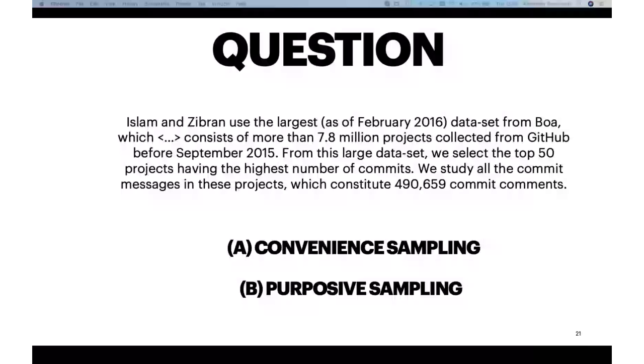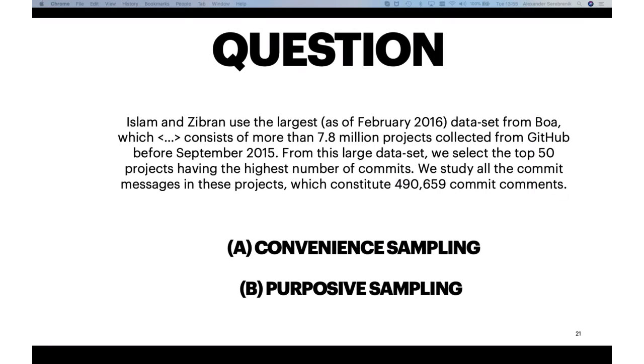Okay, so Olaf says that it's purposive sampling as we want to research commits, hence we select projects with the most commits. Anyone in favor of convenience sampling? Top 50 seems to be picked arbitrarily.